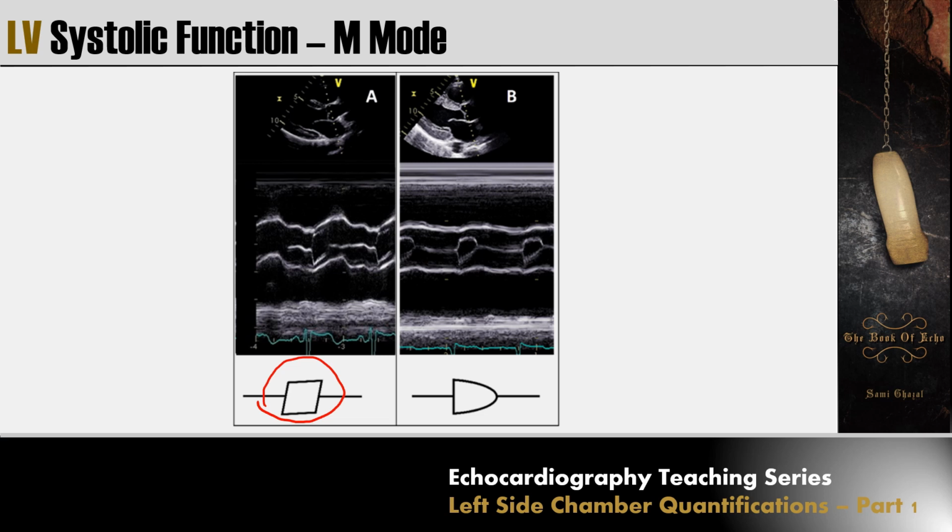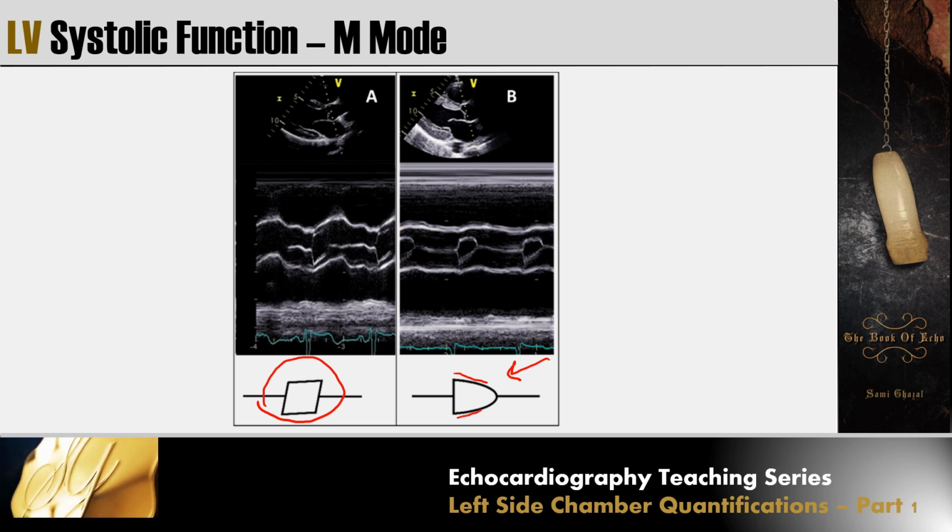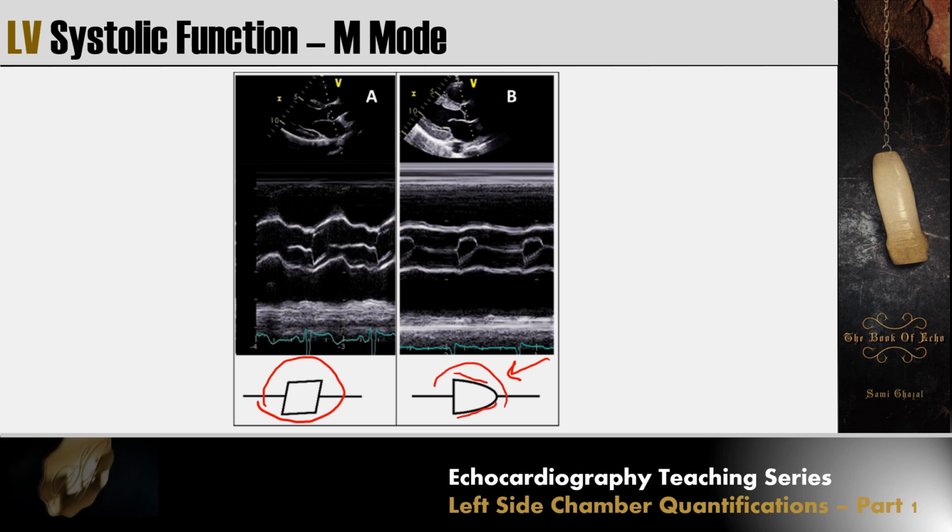This decrease in stroke volume will not allow the aortic valve to open very well, so you will have this bullet shape aortic valve in M mode. You can see it opens initially well, but quickly the leaflets start to go down, producing a bullet shape in M mode through the aortic valve.